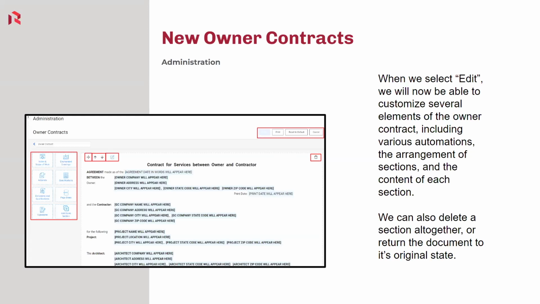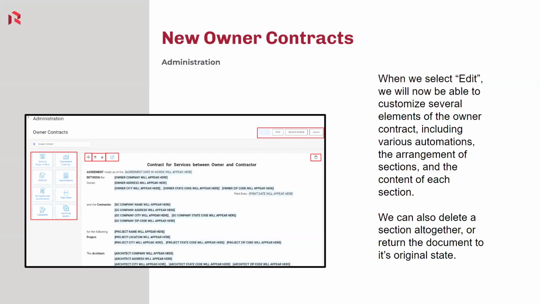So I mentioned that those are automated, kind of a segue into the body of the document now. Anything that we see in blue with that light blue background, those are automated fields. So this is where the system is going to do some of the heavy lifting for you. You don't have to go and look up the address for the owner or the project address, the name of the architect or anything like that.